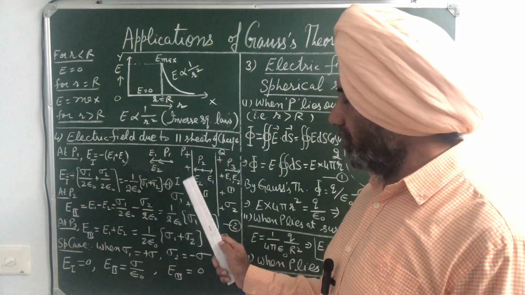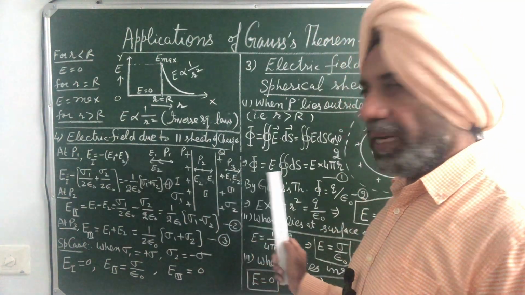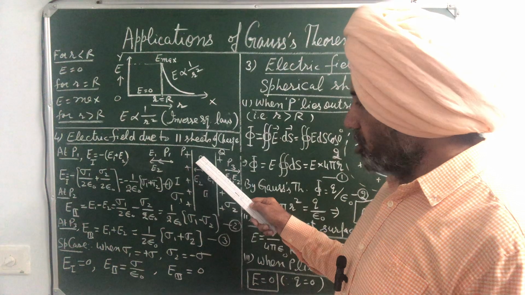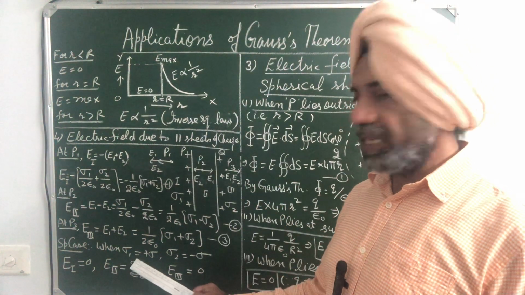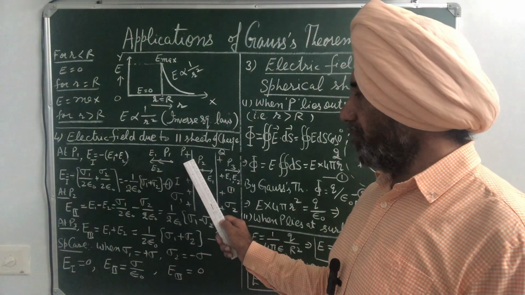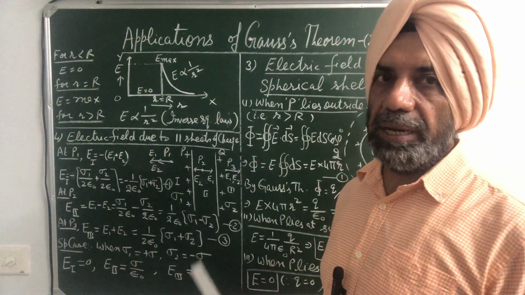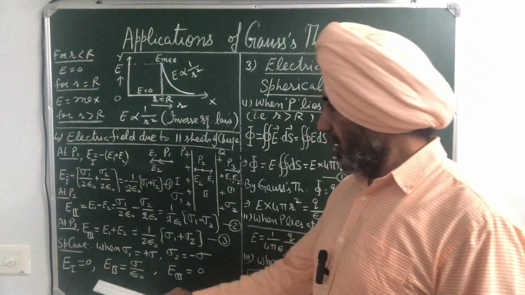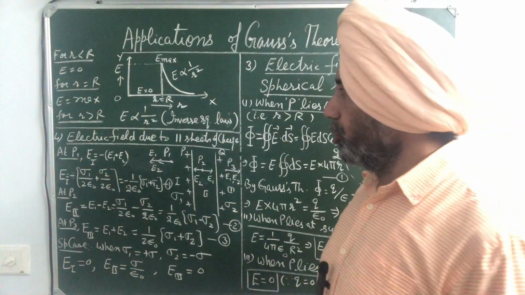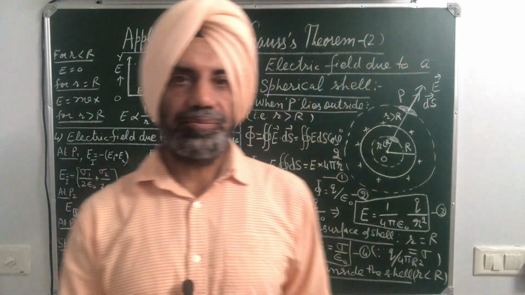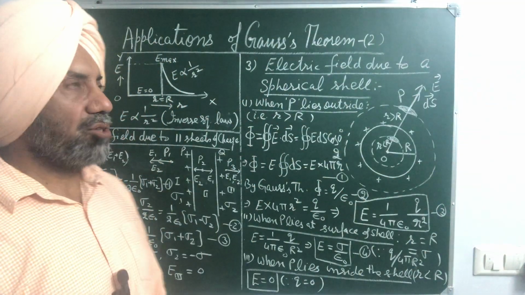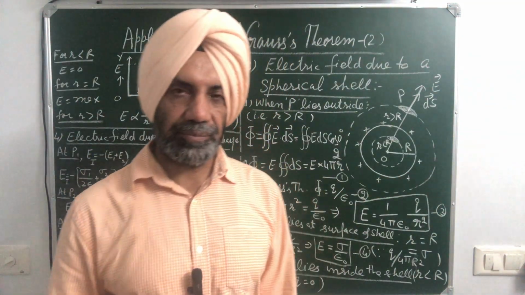There is no electric field outside these plates, and there will be a constant electric field between the plates, which is given by sigma upon epsilon naught, which always goes from the positive to the negative plate. So this is all about the electric field due to a set of parallel sheets. So this is all about applications of Gauss's theorem.